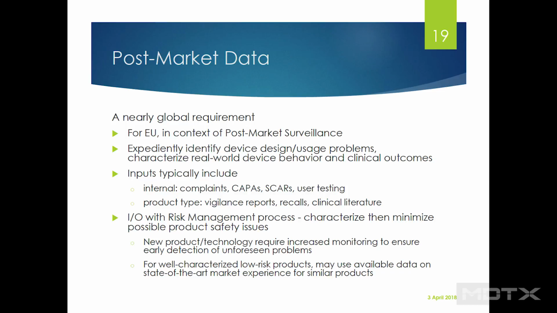That's a higher bar than if you have a well-characterized sustaining product and you have available data for state-of-the-art market experience for similar products, right? So how well characterized is your product? Has it been on the market for a while? Do you have a good grip on that data? If not, then you're going to end up in that category of new product, right?